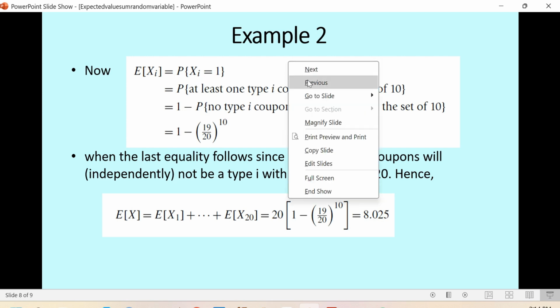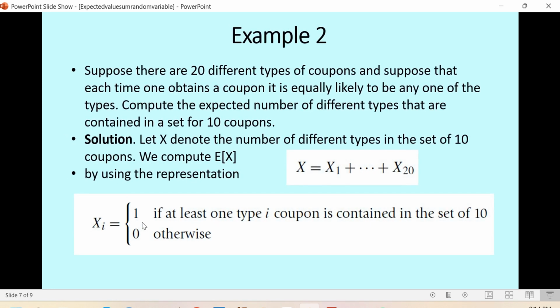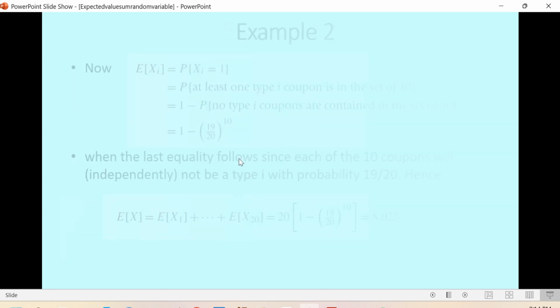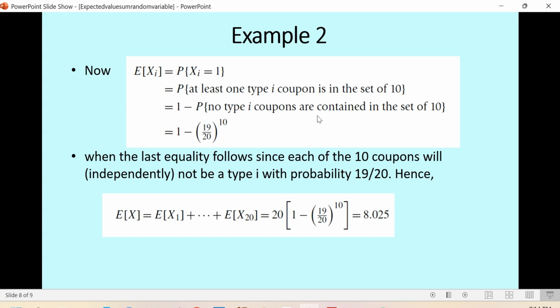Because X can take 2 values, the probability of 1 is 1 minus the probability of 0. And the probability of 0 is (19/20) to the power of 10, right?